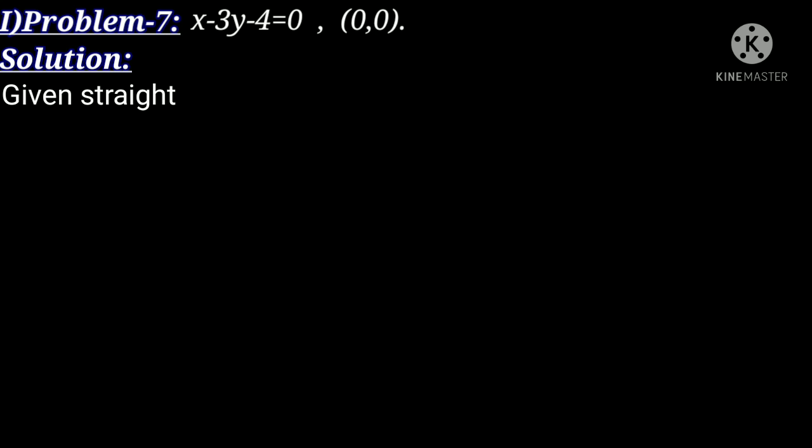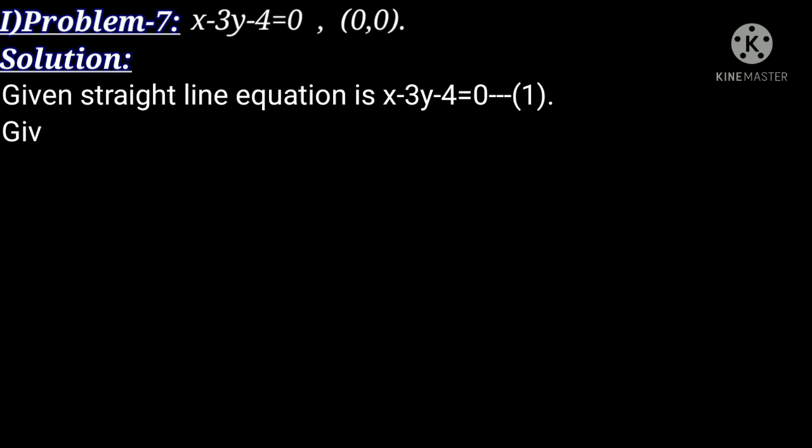Now problem number 7: the straight line equation x minus 3y minus 4 equal to 0 and point (0, 0). Solution. Given straight line equation is x minus 3y minus 4 equal to 0. This is equation number 1. Let the given point P(x0, y0) be (0, 0). Here also we find the length of the perpendicular from the point P to the given straight line equation 1.